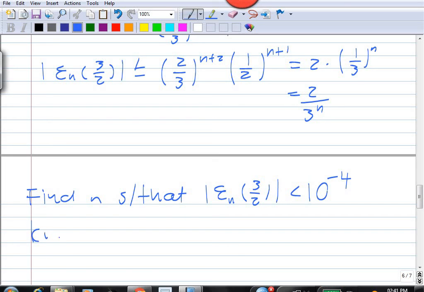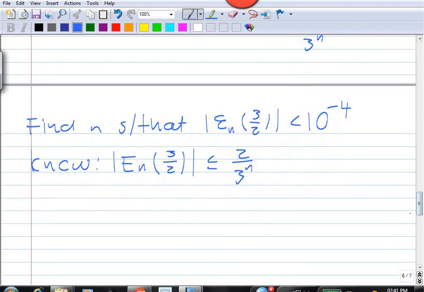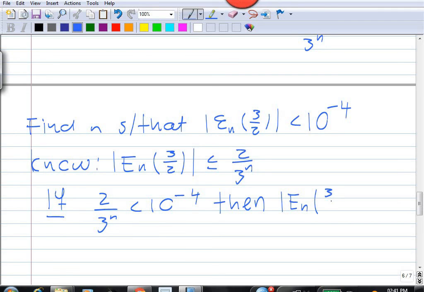We know that the absolute value of En at 3 over 2 is less than or equal to 2 over 3 to the n. So what can we say? If 2 over 3 to the n is less than 10 to the minus 4, then likewise the error En at 3 over 2 will be less than 10 to the minus 4.